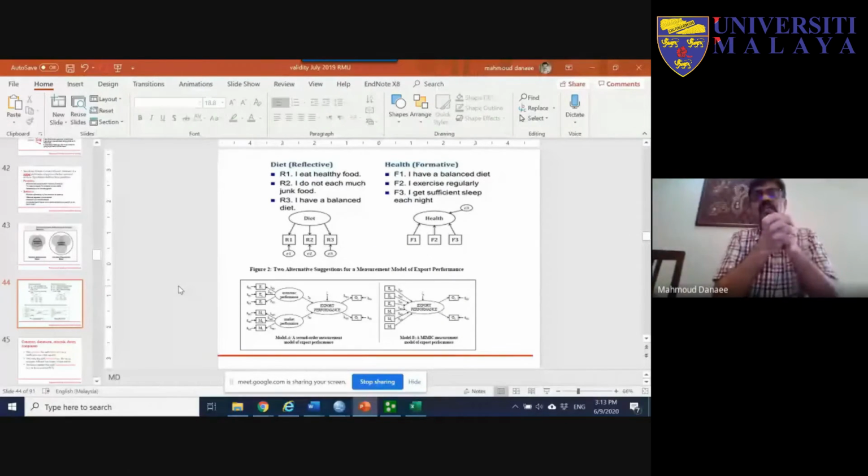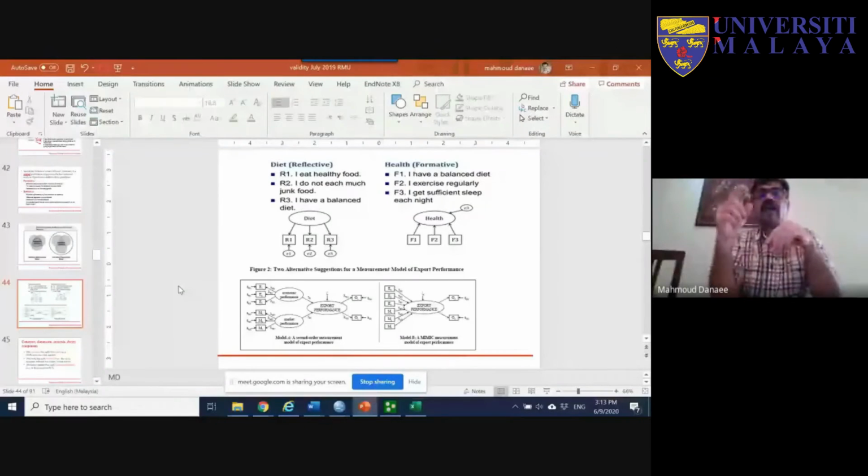And unfortunately, I have faced students who mistakenly treat their variables as reflective, while their original construct was formative. And mistakenly, they remove many items. When they develop their measurement model, when they develop the hypothesis test model, they drop many items. Why?